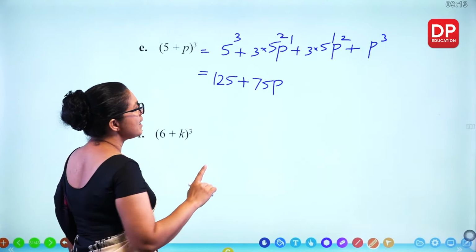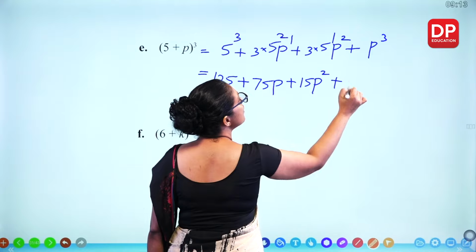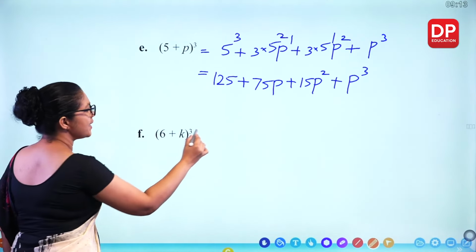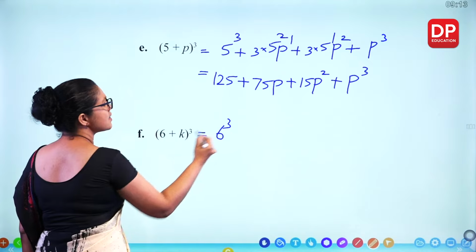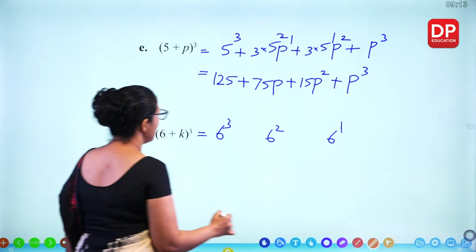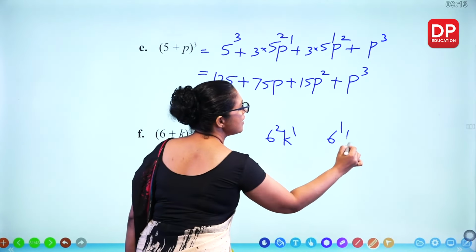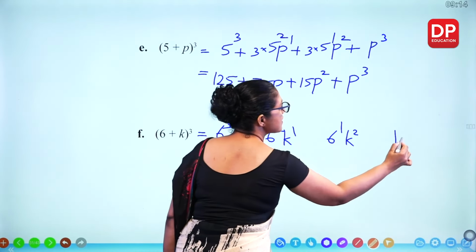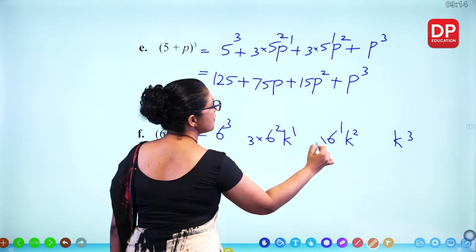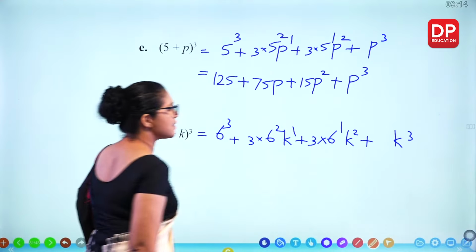5 times 3, 15. And you get power 3. Now this one again, starting from power 3, it reduces. This last term is k. Starting from power 1, it increases. And then 3 here, and then plus for all terms.